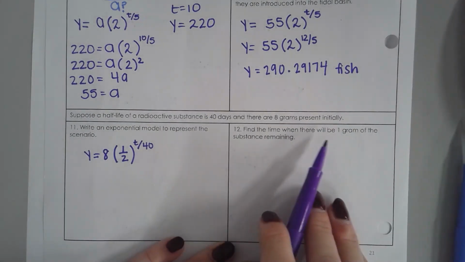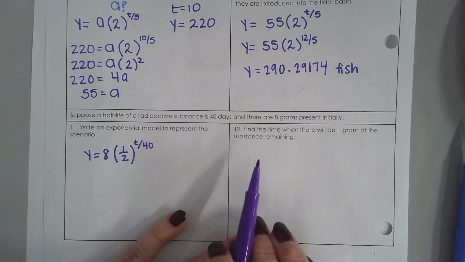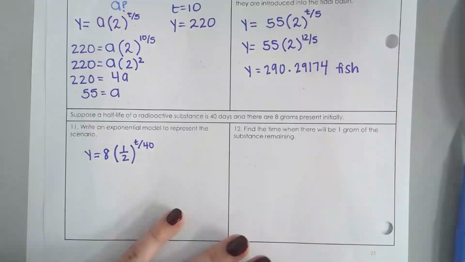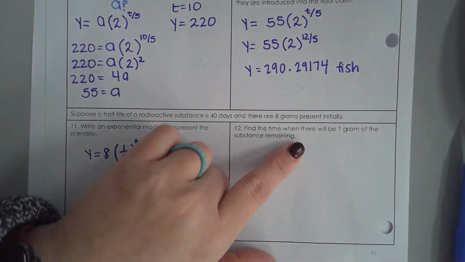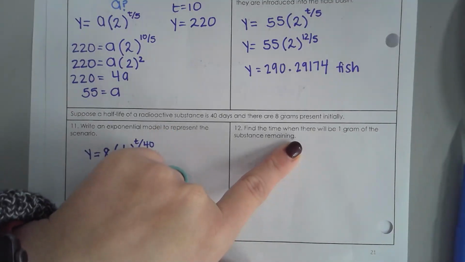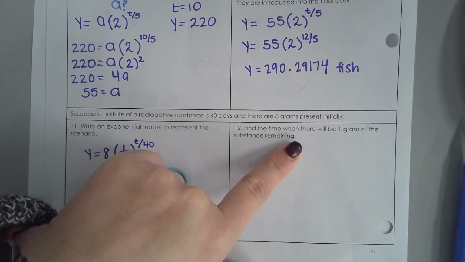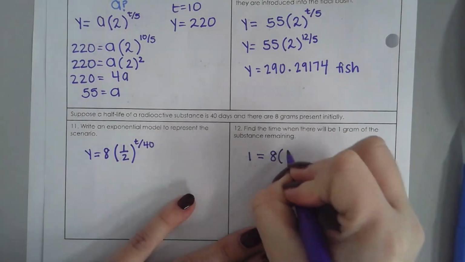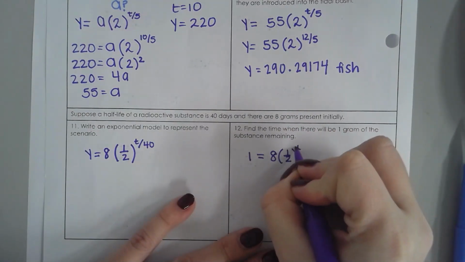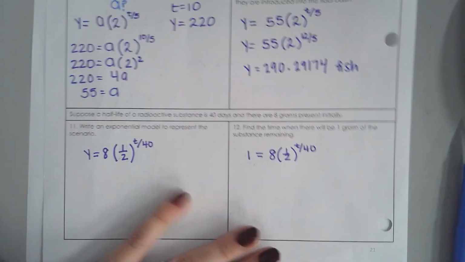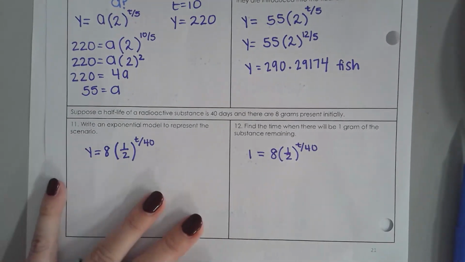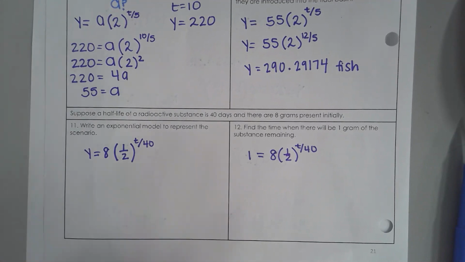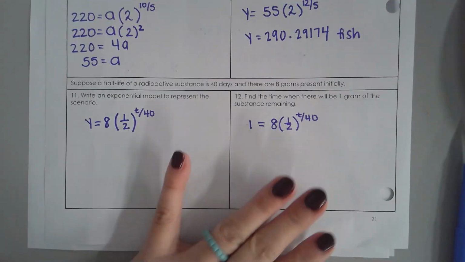Find the time when there will be 1 gram of the substance remaining. So t is not 1. Where does the 1 go? For y. So it's 1 equals 8 times 1/2 to the t over 40. You don't know how to algebraically get this. Do you remember what I showed you to do in the calculator yesterday?